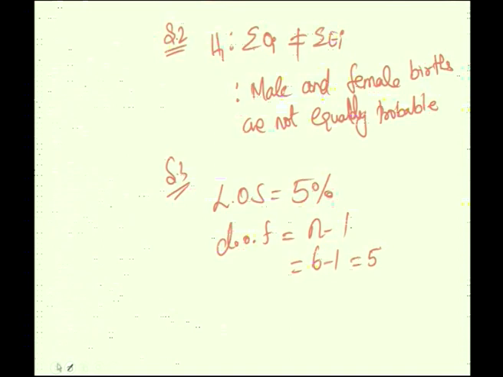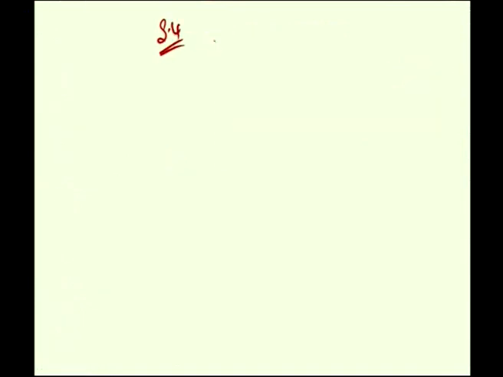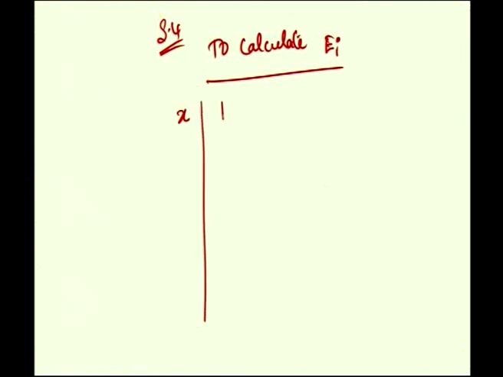Then step 4, first of all we have to calculate EI. To calculate EI, first the x values have to be written, then P of x using the binomial distribution has to be done. So, binomial probabilities have to be calculated.